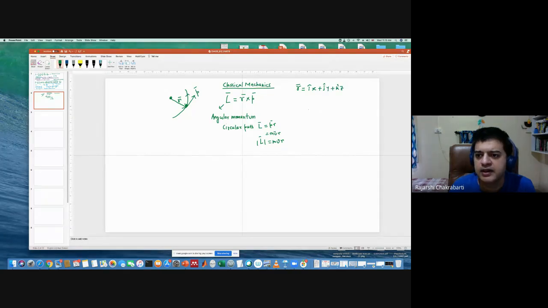Similarly, the p I can write as I Px plus J Py plus K Pz.